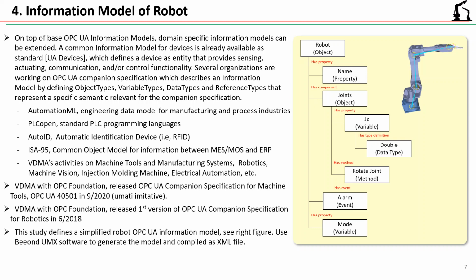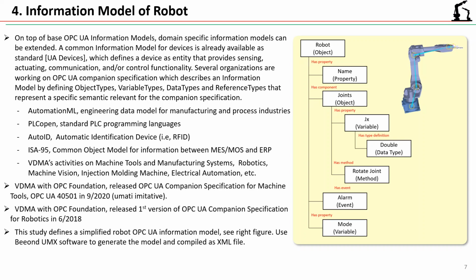The first version of the OPC UA companion specification for robotics was released in 2018. It defines the robot information model with robot object types, variable types, data types, and reference types.